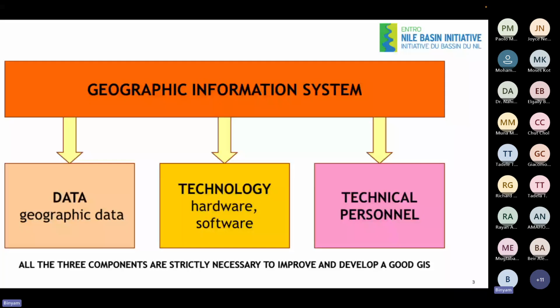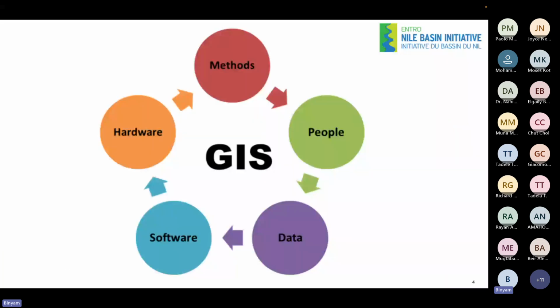This is the description of GIS: hardware, software, data, people, and methods. They are interlinked, as you can see from the arrows that flow all the time. Having GIS or QGIS on your computer is not GIS by itself.